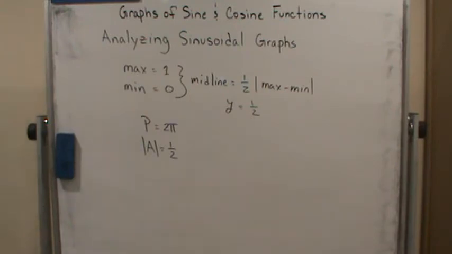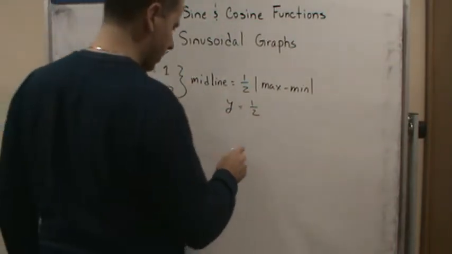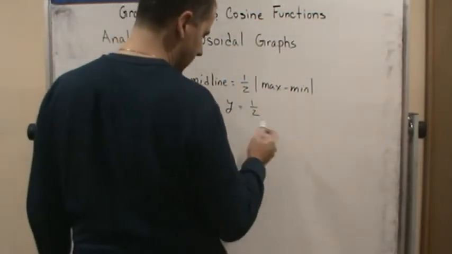And what else can we see from this? Let's see here. Okay, well, let's do this. So it's either going to be sine or cosine, right?